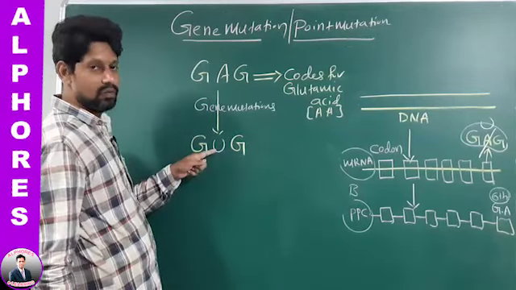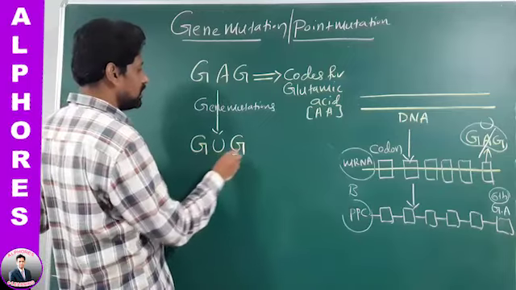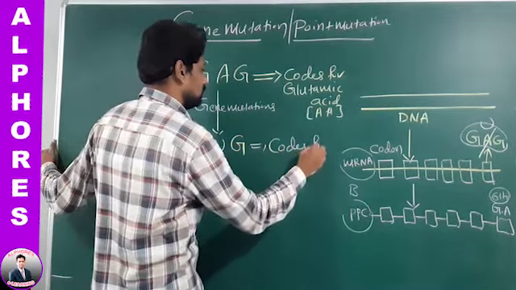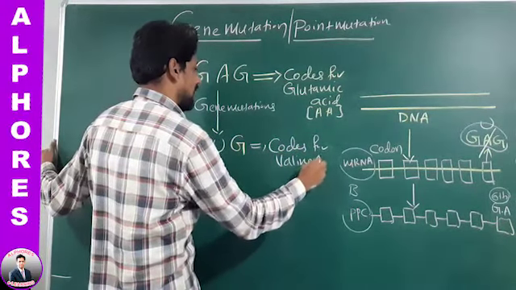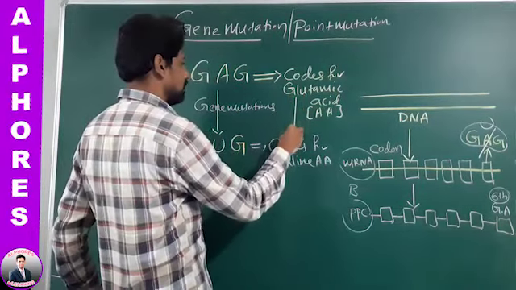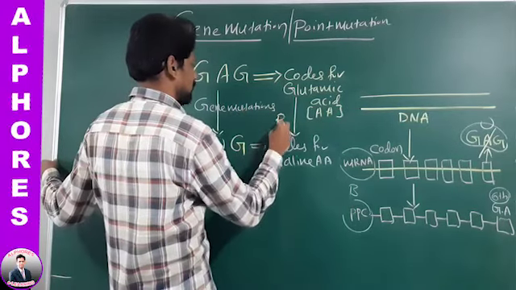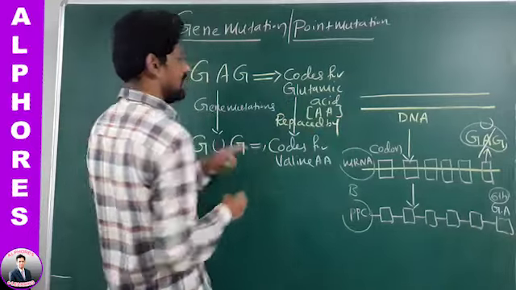Only a change in one nitrogen base: gene mutation, point mutation. But this GUG codes for valine. It means glutamic acid is replaced by valine.